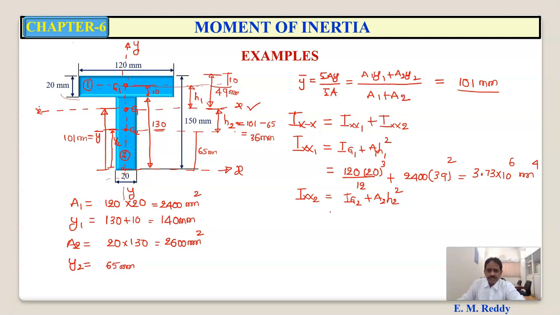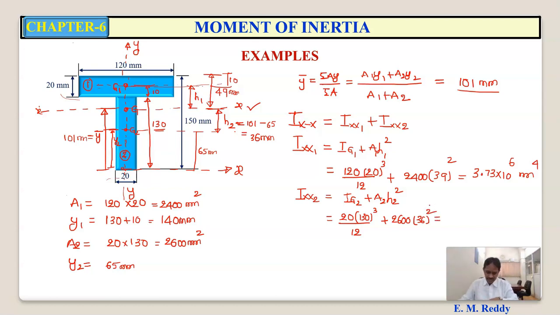So now here IG2 means moment of inertia about centroidal x-axis of rectangle 2, B d cube by 12. But what is B for rectangle 2? 20. So it is 20 into D. Depth of this rectangle 2 is 130. So B d cube by 12 plus area of rectangle 2, 2600 into H2, we are having 36.